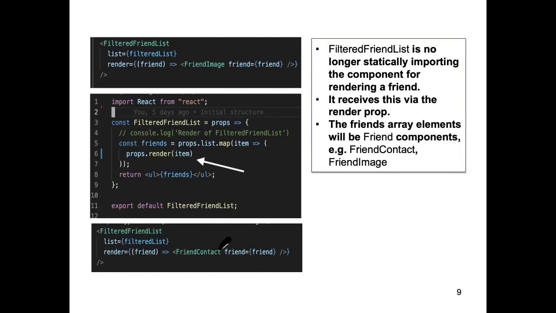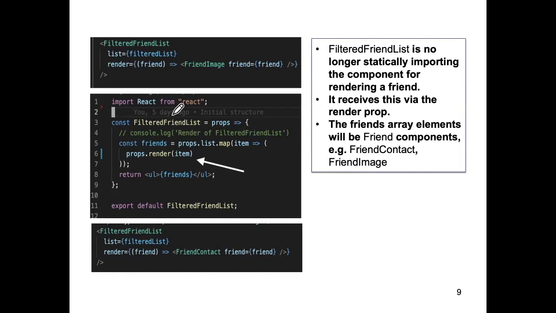So the filtered friend list is no longer statically imported. If you look back at the filtered friends list component that I gave you in the previous lecture, I had an import statement where I statically imported the friend component, and so I was bound to rendering my friend in a particular way.